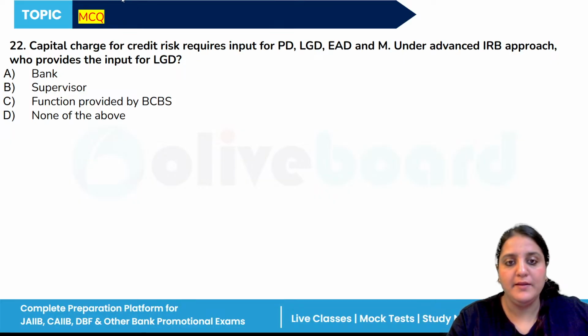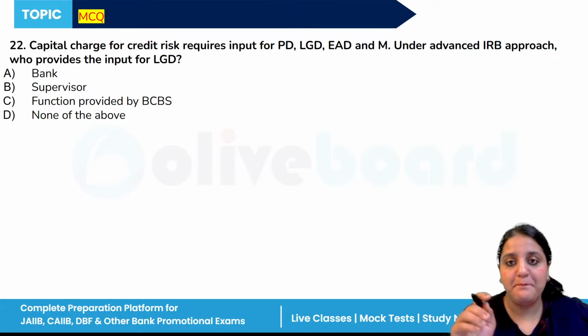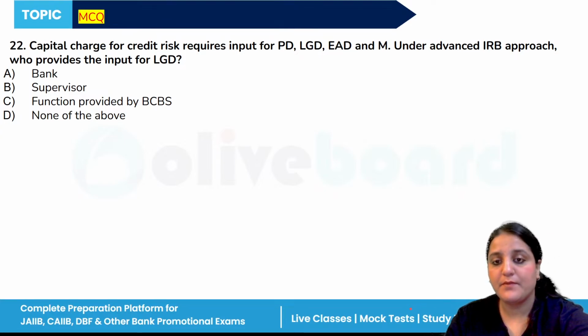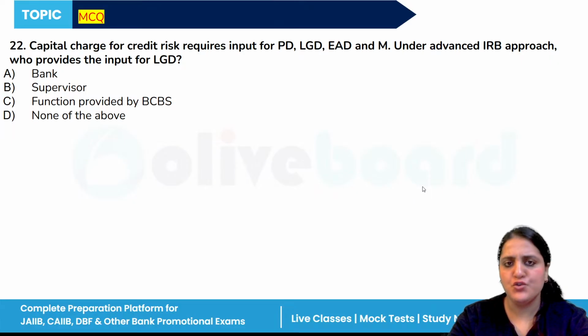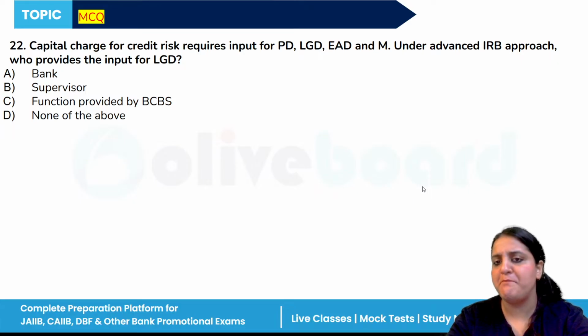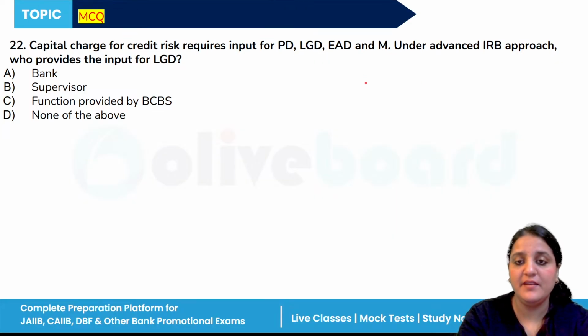So here we can say under the advanced internal rating approach, the bank estimates LGD, also PD and EAD, using the internal model. Supervisors only review the bank's methodology. They do not provide the values. So the correct answer here is bank.